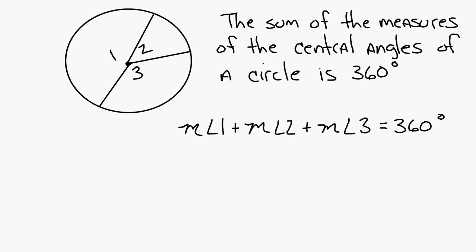So look at example 1 on the bottom of 706. Find measures of central angles. You're given a circle there, and it's got a couple of central angles in it. This angle is 145 degrees. This angle is 165 degrees.